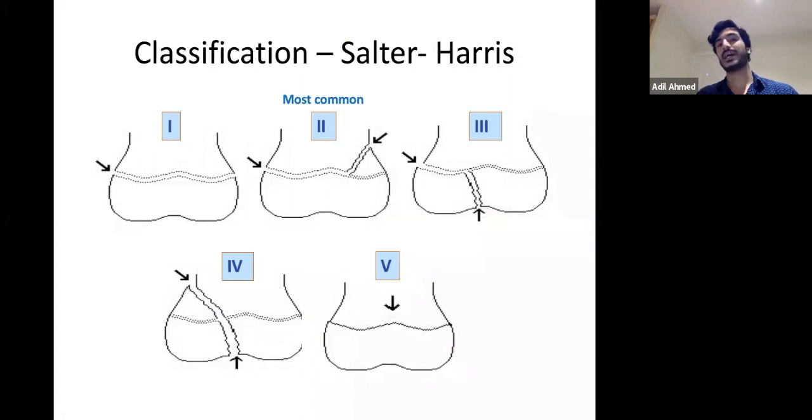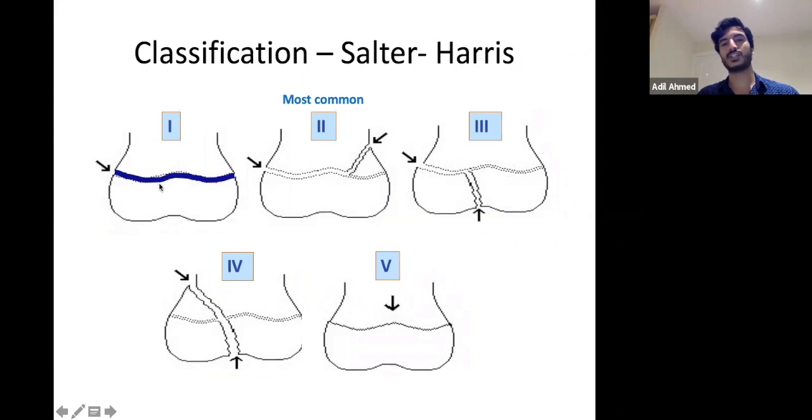This is the Salter-Harris classification, which you should be aware of, certainly for exams. So how I remember it is the actual word SALT. So SALT, forget the E and then R, so SALT R. If grade 1 is S, then you can see it's at the same level as the physis.